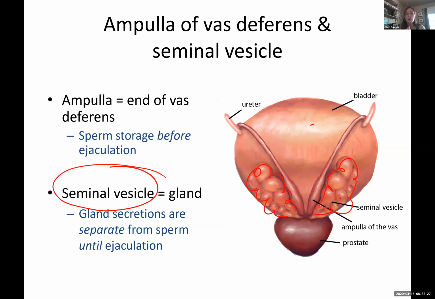The sperm are hanging out in the ampulla, and we have these glands for the seminal fluids sitting next to it. They will only combine at the moment of ejaculation. While the sperm is at rest and you're not releasing sperm, we don't let them mix up, because the secretions from this gland are what ultimately cause the midpiece of the sperm to become activated.